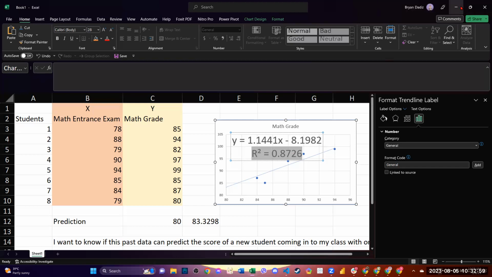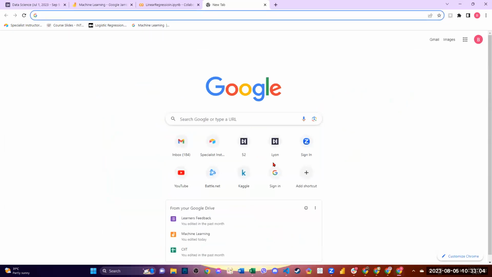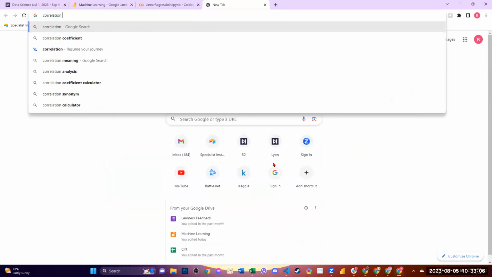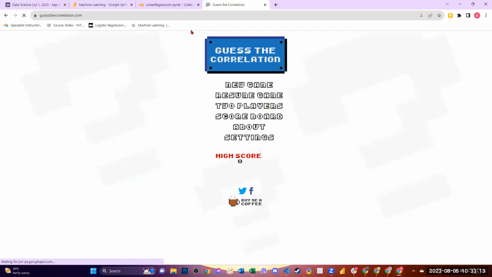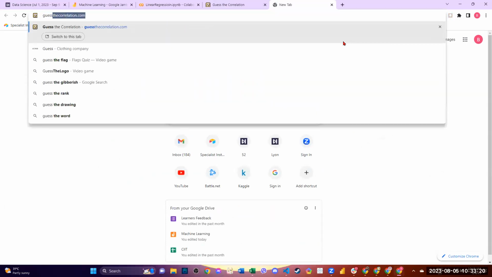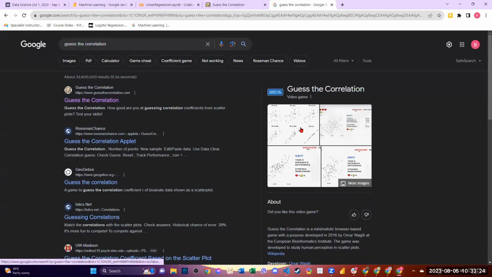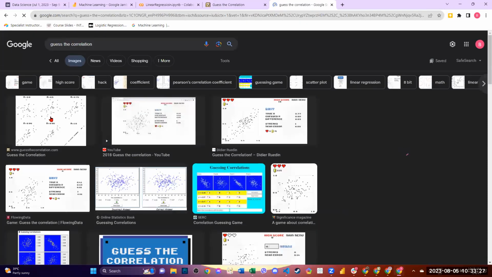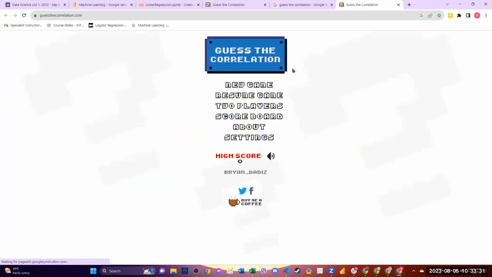Okay, so let's try to have a short game. We need to guess the correlation. But before that, bibigyan ko muna kayo ng context. So this is the context.